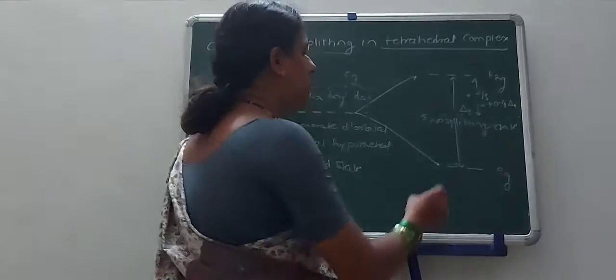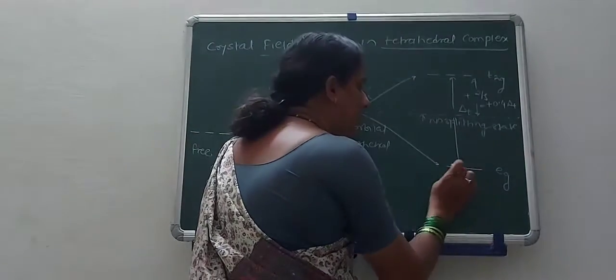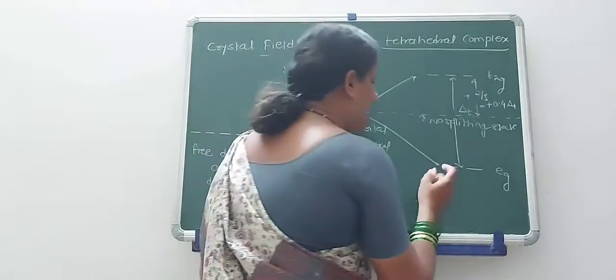What about Eg? Total orbitals 5. How many experience less repulsion? 2. How many remaining? 3.